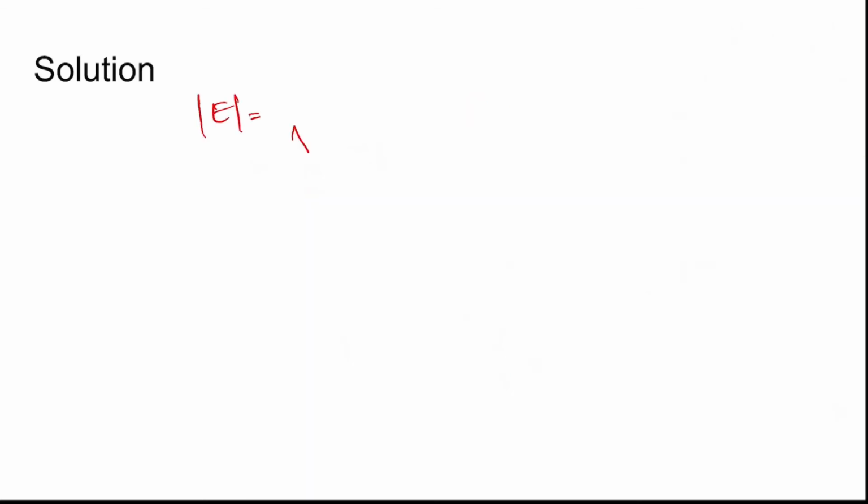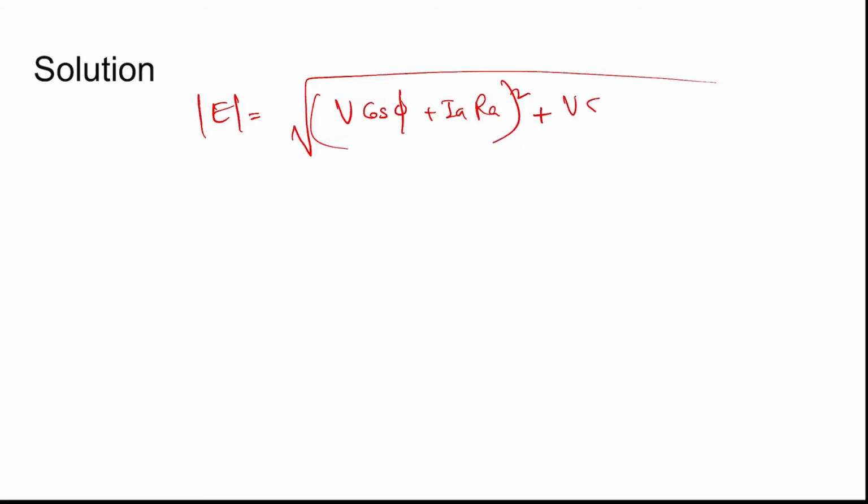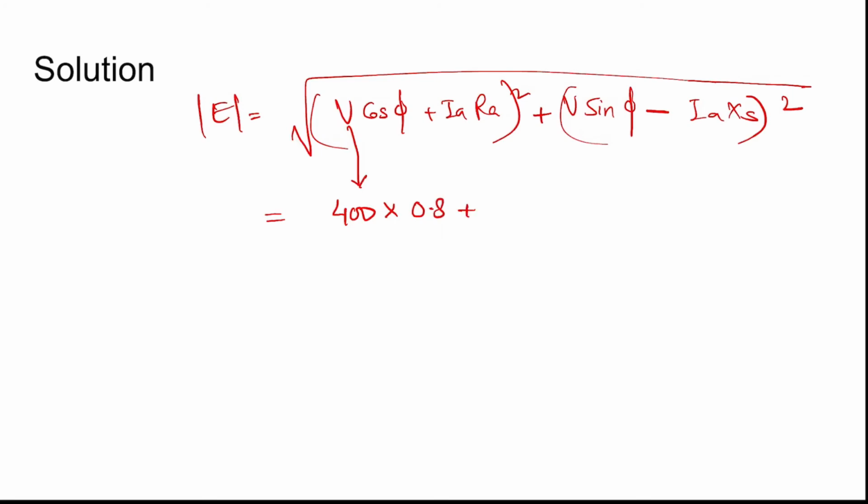Now the value of E can be determined as root over (V cos phi plus Ia Ra) whole square plus (V sin phi, now since it is leading, we take the minus sign, Ia Xs) whole square. Now all are in per phase quantities. So V per phase is V line in delta connected machine. So 400 into cos phi, which is 0.8, plus Ia per phase, 20.83, into Ra, that is the armature resistance.